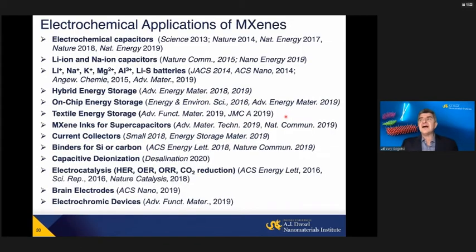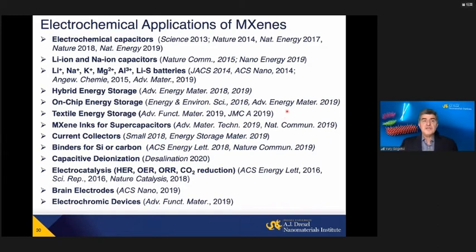So there are many other applications which I simply cannot cover in this short talk. What I want to give you is just a flavor of the field. This very large family of highly conducting materials with redox active surfaces, with a variety of transition metals on the surface, with several different structures, with a different number of layers and different arrangements of atoms.